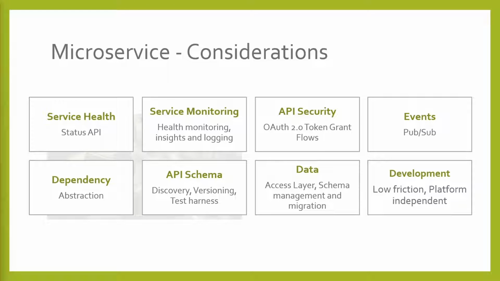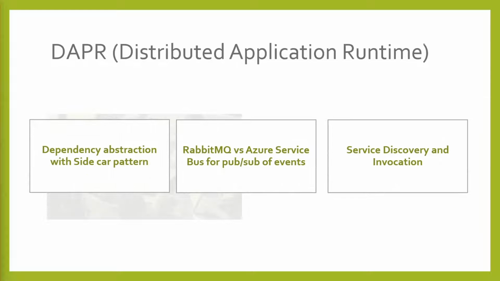Now that we've covered the various considerations we've been asked to propose to the IT team, we'll talk about some of the solutions. So first up, we'll be proposing to use DAPR, or Distributed Application Runtime. It's an open source framework that allows developers to easily write their code without really having to worry about the underlying concrete implementation.